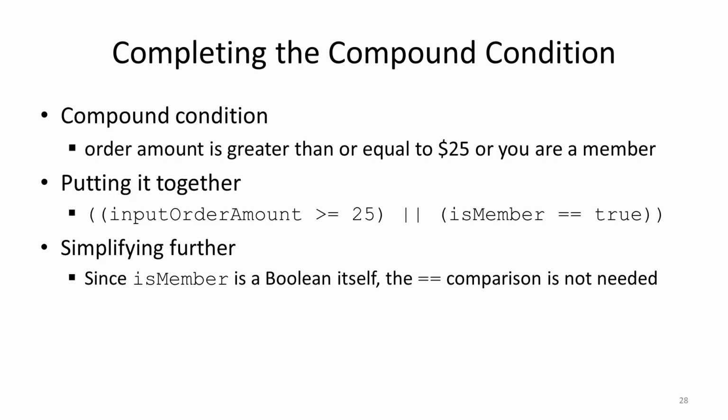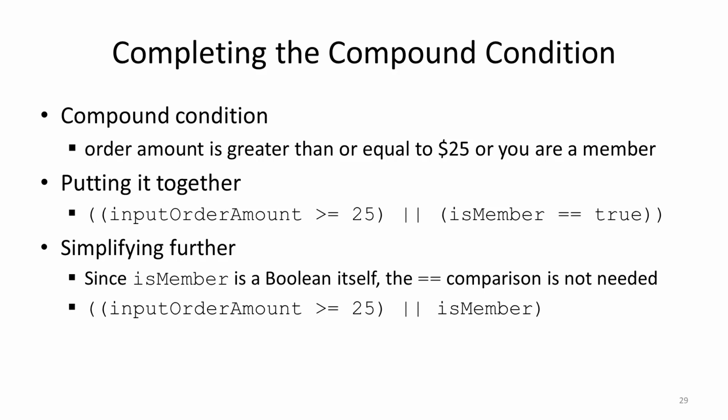The equal comparison is not actually needed, and it's kind of a waste here. Because the is member variable is a Boolean itself, you do not need to compare it to see if it actually is true. You can just reference the variable itself because the variable represents a Boolean. So it can be simplified to just look like this.